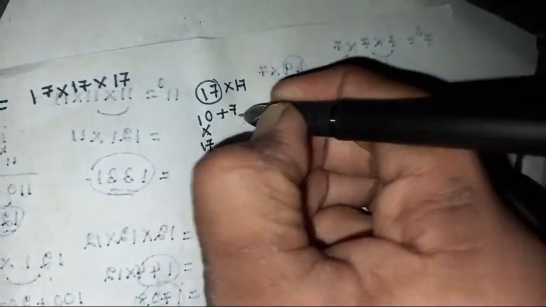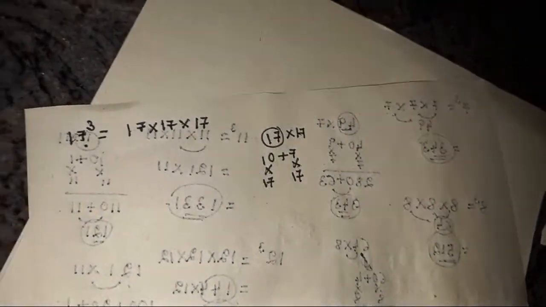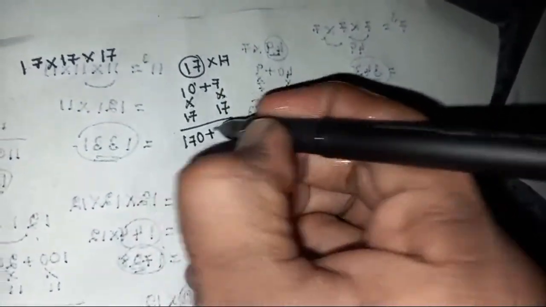Here also multiply with 17, here also multiply with 17. And you're going to get here 17 times of 10, which is 170. 17 times of 7 is 119.